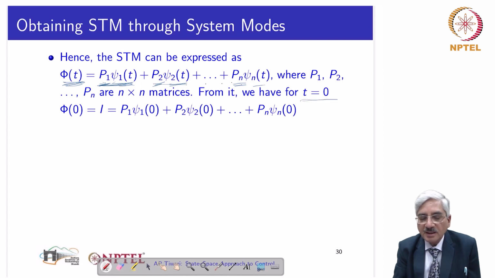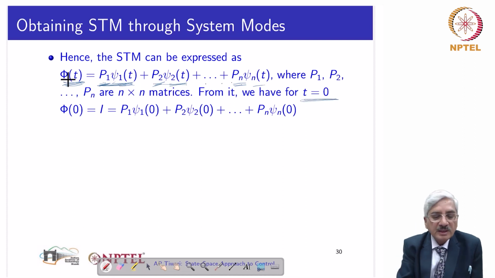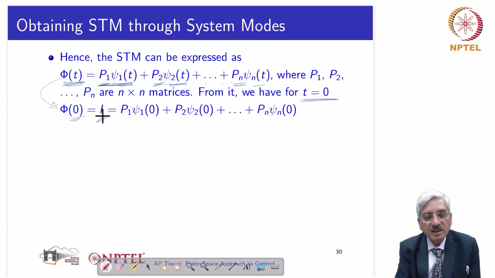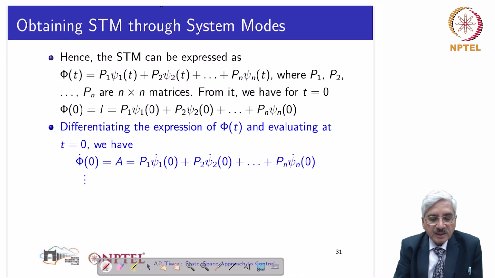If we evaluate it at t equal to 0, we will get the STM at t equal to 0, which is known to be an identity matrix. So the identity matrix will be equal to P1 psi 1 0, P2 psi 2 0, etc. Similarly, if we differentiate this phi t once with respect to time to obtain phi dot, and in that we substitute t equal to 0, we will get phi dot 0, which will be the matrix A itself, the system matrix.